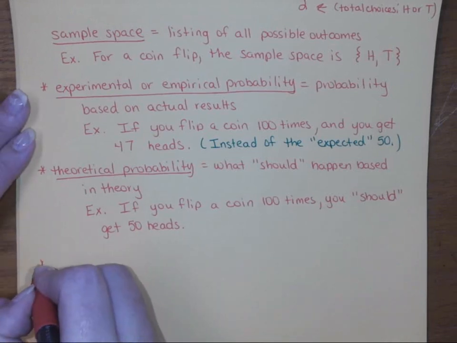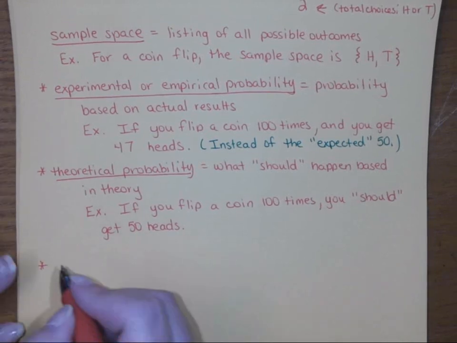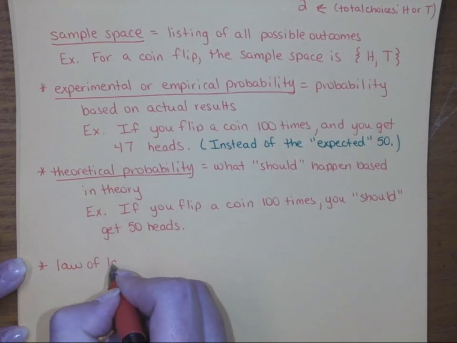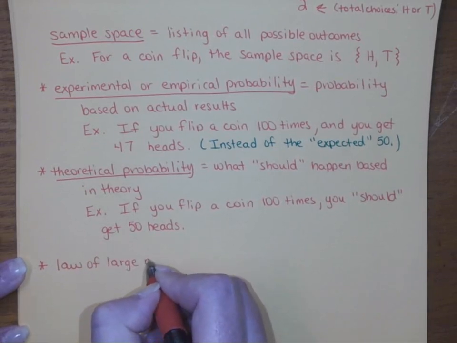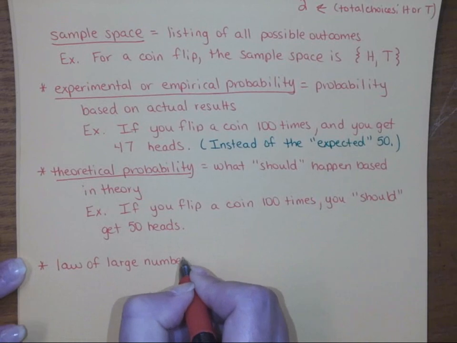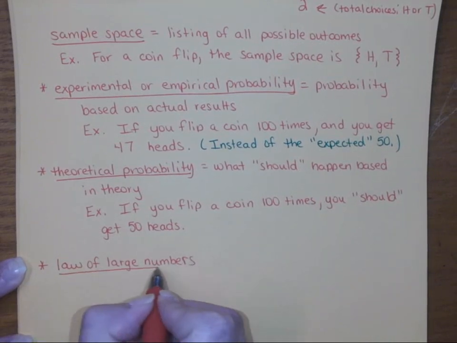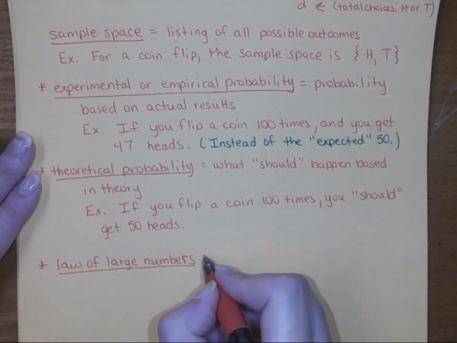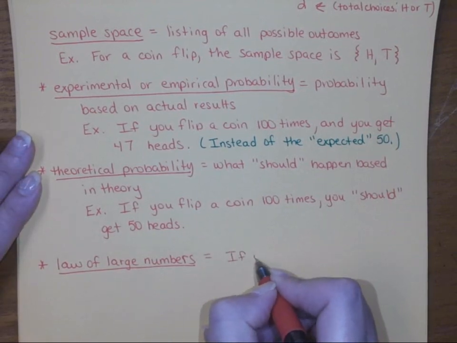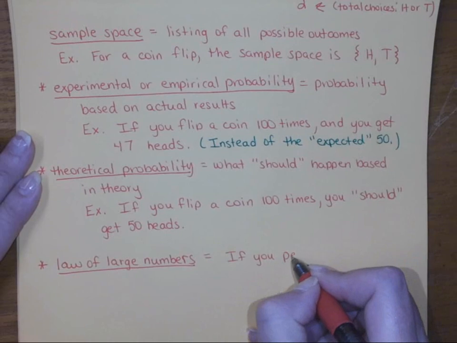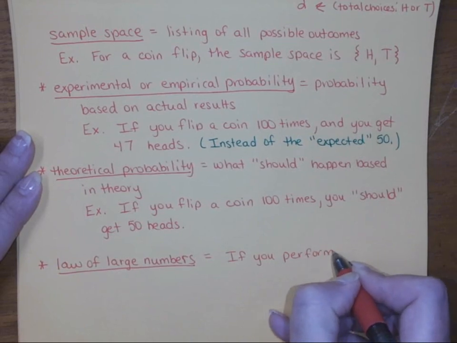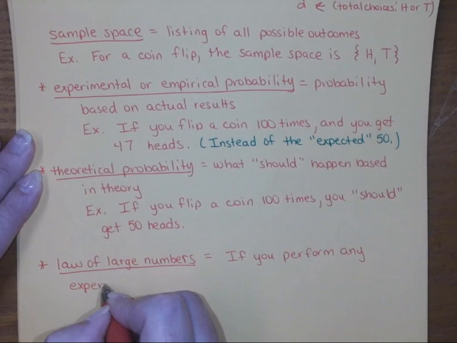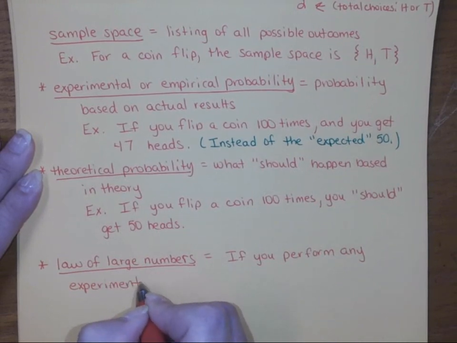And then the last thing, and then we're going to look at some activities. The last thing that you need to be aware of is that for probability experiments to be valid, we really need to make sure that we do the experiment enough times. So the law of large numbers just says that if you perform any experiment, and by experiment, that could just be you flipping a coin, or you rolling a dice.